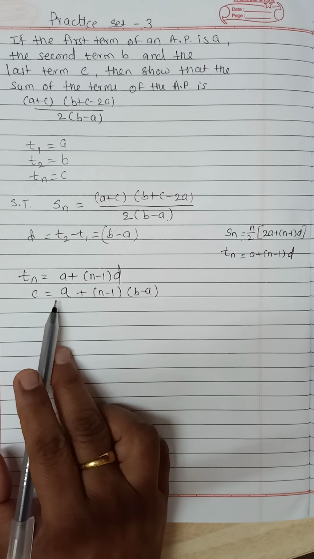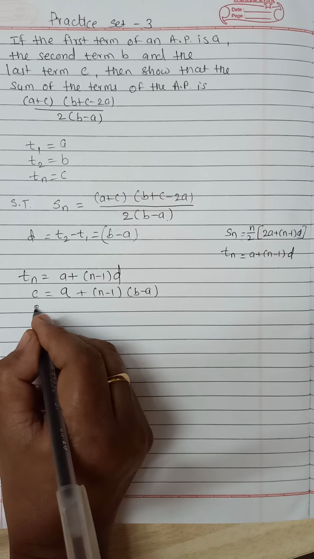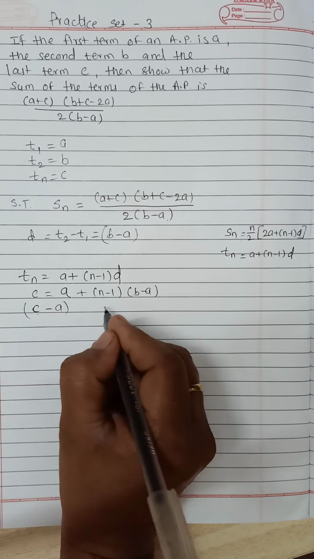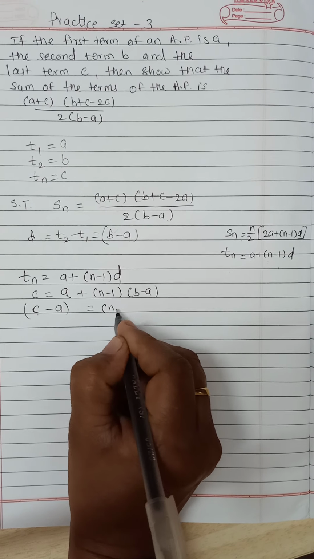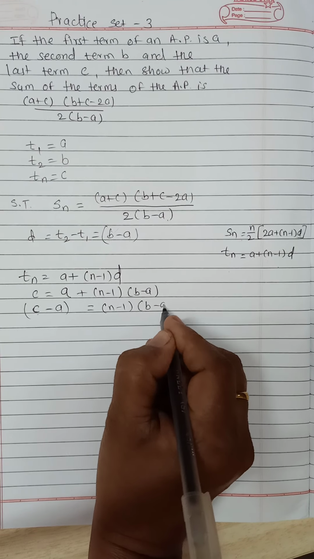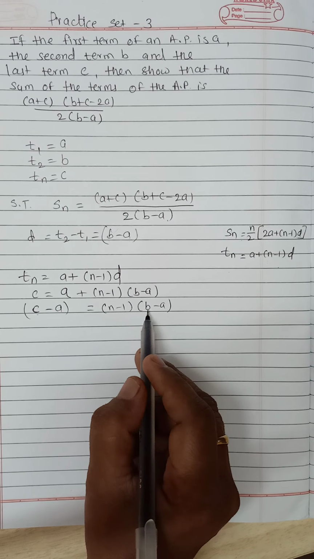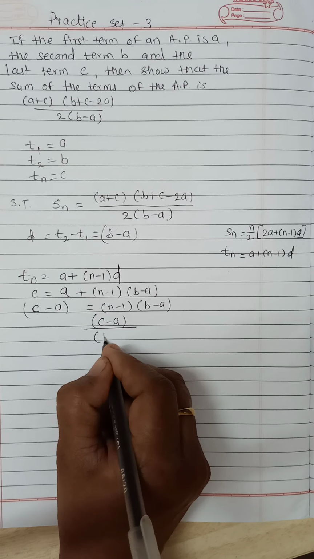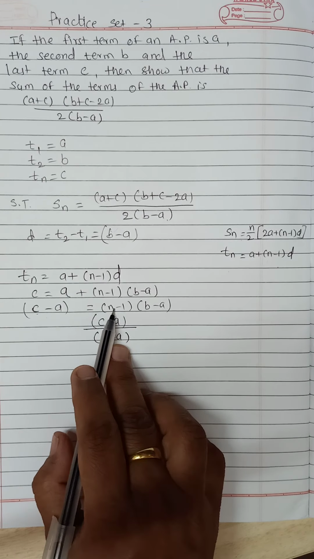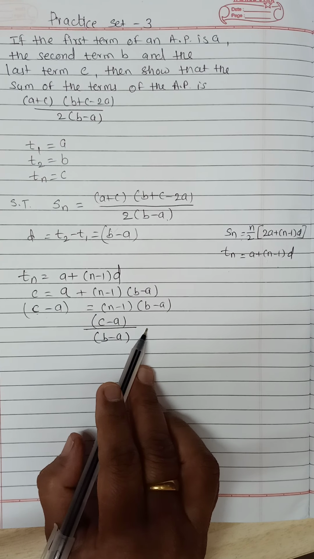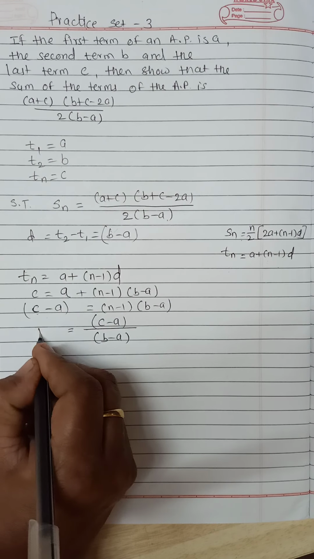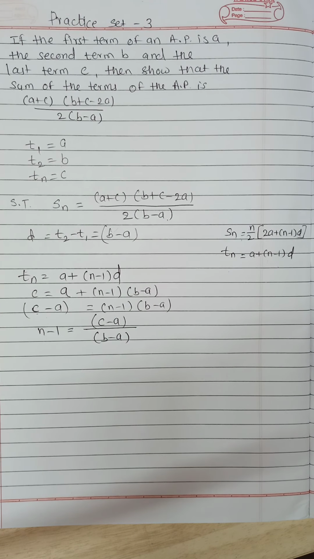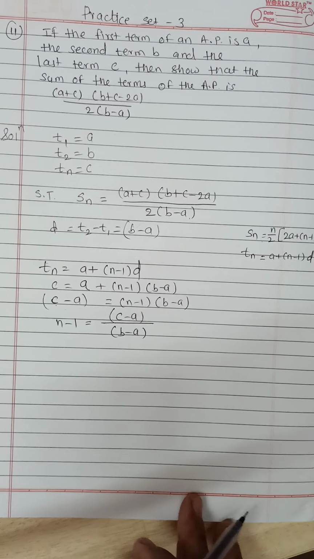Now first I'll bring this plus A to the other side, so it will become minus A: C minus A equals (n minus 1) into (B minus A). Now I'll bring this B minus A to the denominator of C minus A. Now n minus 1, instead of writing on the right side, I'm writing on the left side. n minus 1 is equal to (C minus A) upon (B minus A).